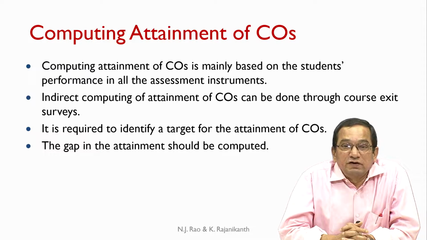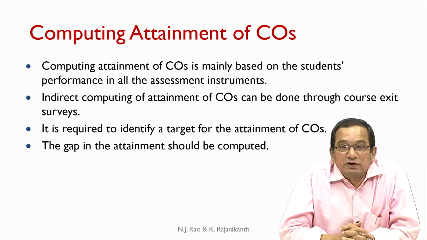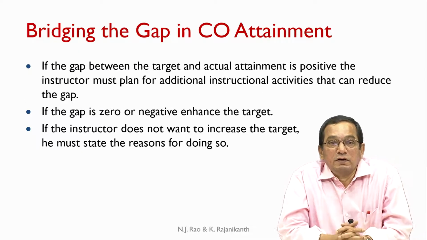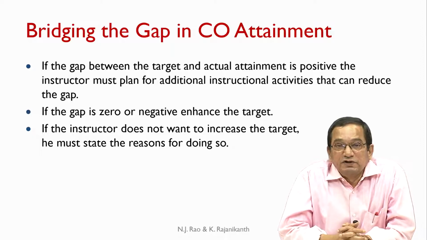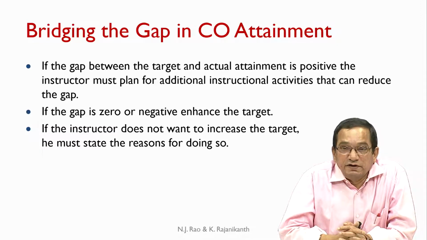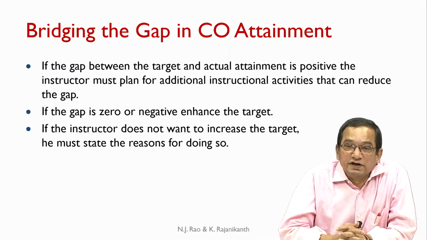It is required to identify a target for the attainment of COs, and this, we have seen, is done typically in the design phase. Then the gap in the attainment should also be computed. If the gap between the target and actual attainment is positive, then the instructor must plan for additional instructional activities that can reduce the gap.